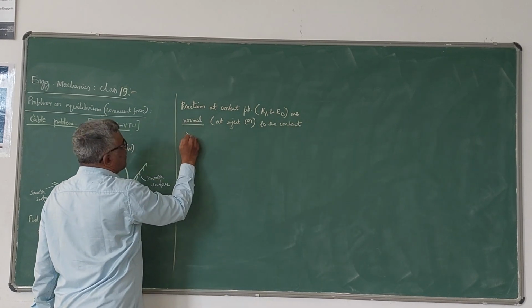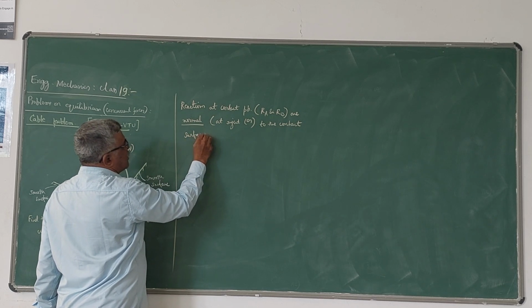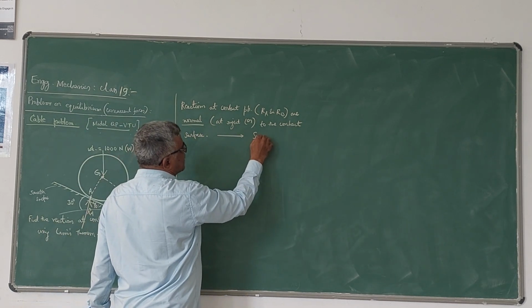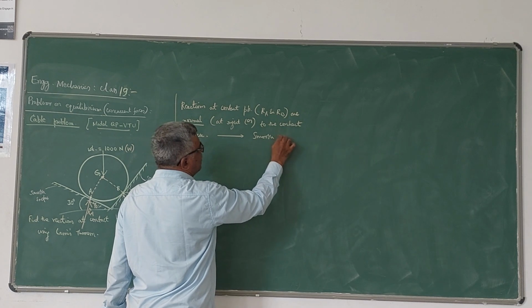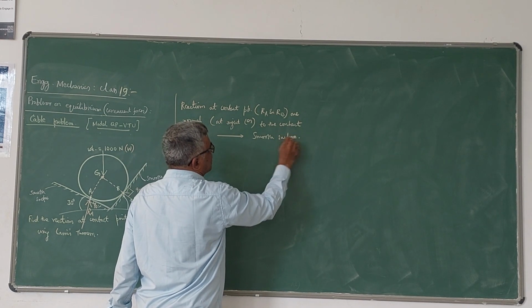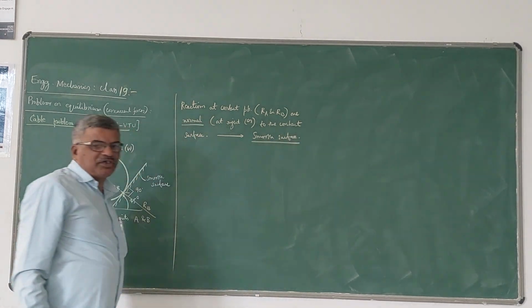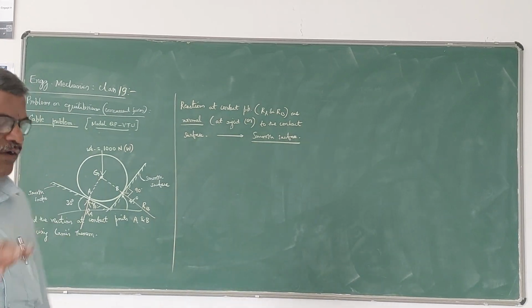That is a very important point. Of course, this holds good in the case of smooth surfaces. Even if they don't give it, you can take it as a smooth surface. Otherwise, they will give a friction coefficient, and then it will be a rough surface.